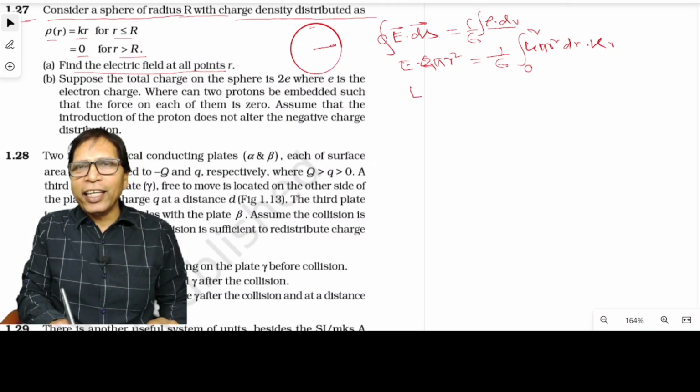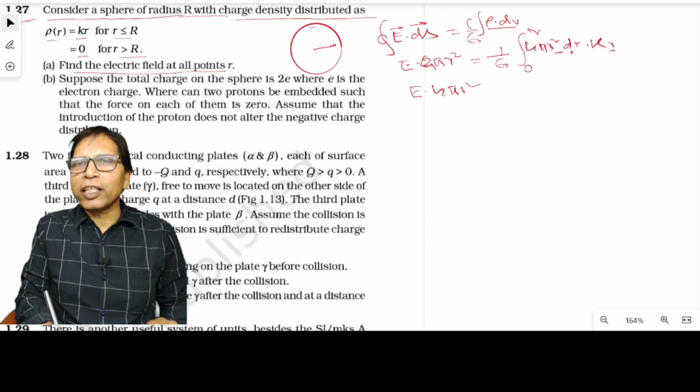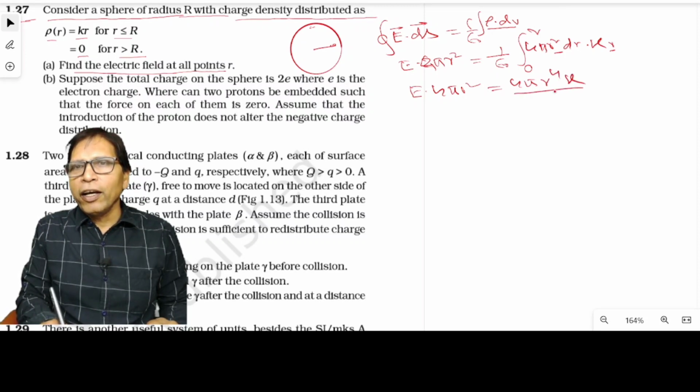So E into 4 pi r square: r square and r gives r cube, and the integration of r cube is r to the power 4. So this is 4 pi, r to the power 4, k by 4 epsilon naught.